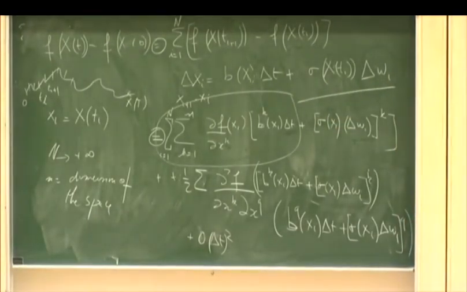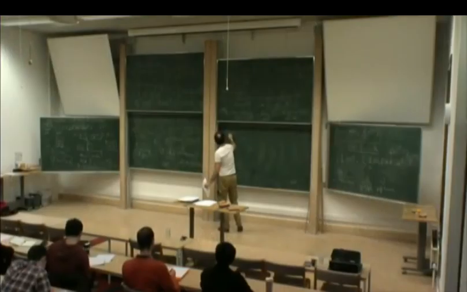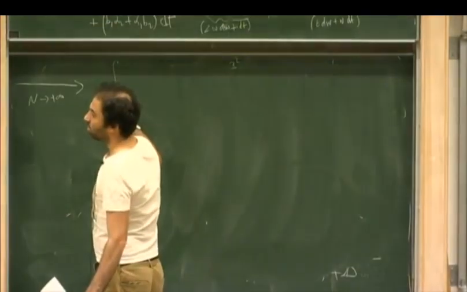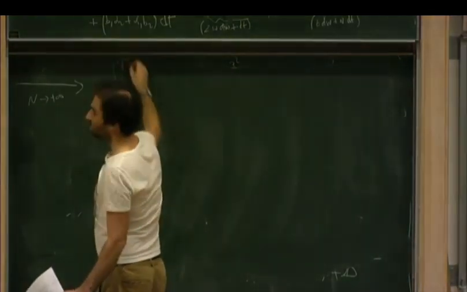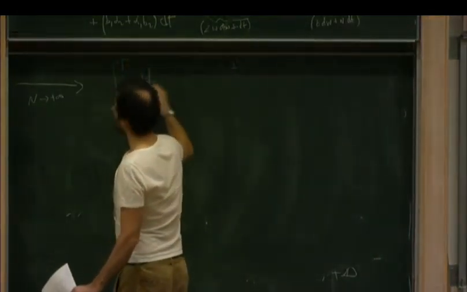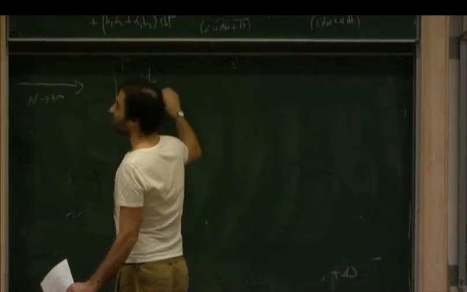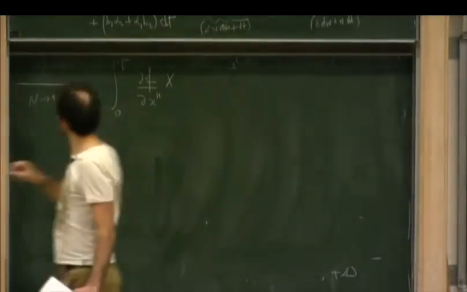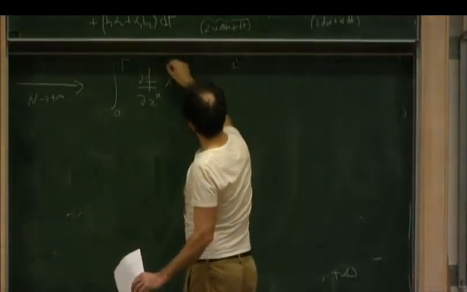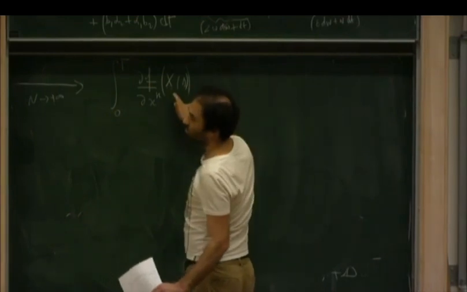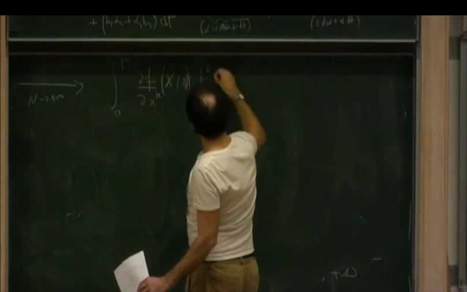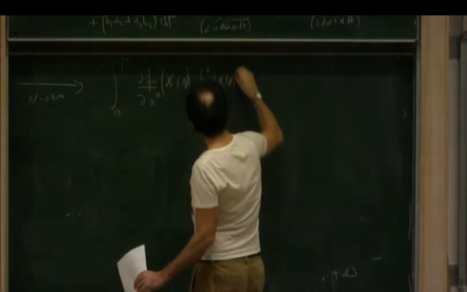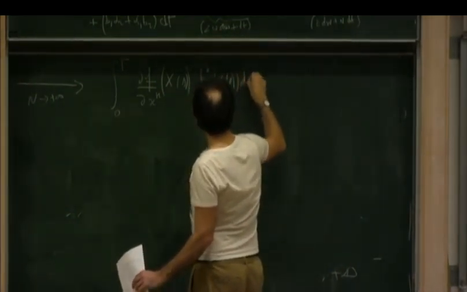And this term converges as n goes to infinity to the integral from 0 to t of df of dxk x, this is xi, so this is exactly your sampling. So this converges now to the continuous path x of s, dxk x of s ds.